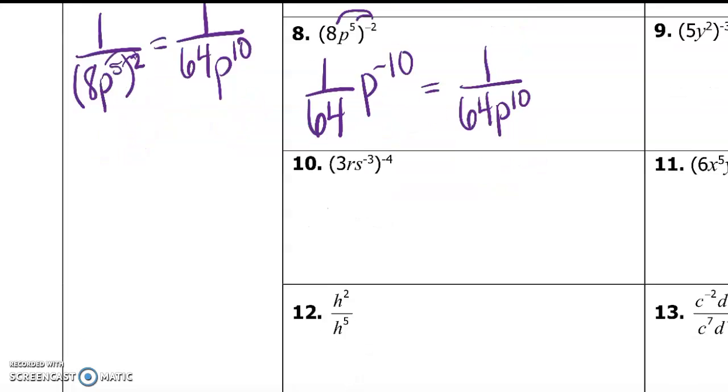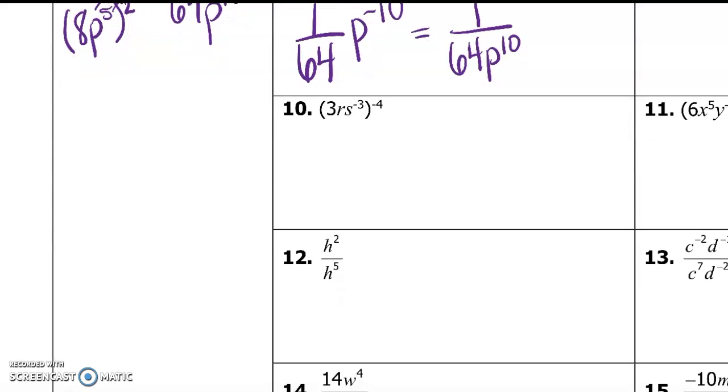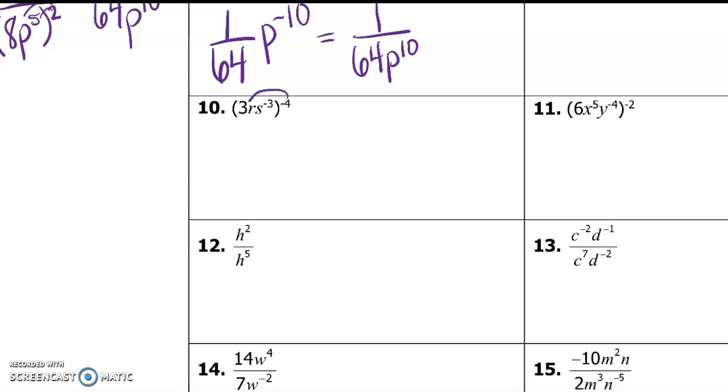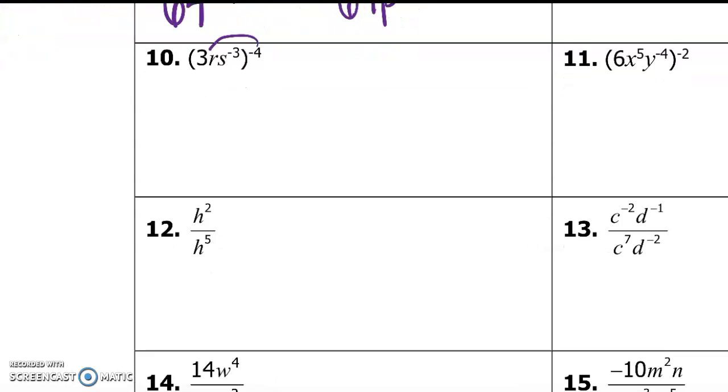So we can do that same thing for number 10. So if we stick to our first rule, we would do 3 to the negative 4, which should give you 1 over 81. Again, it will give you a decimal, so you need to know how to change your decimal to a fraction.